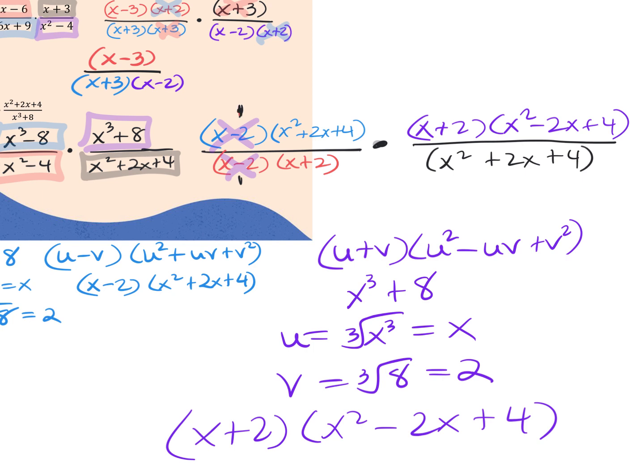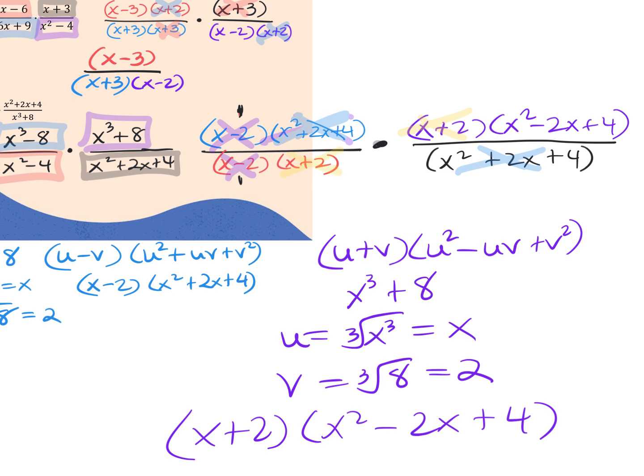Then diagonally, I have an x squared plus 2x plus 4. This will cancel with this denominator over here. So this one, let me do a different color. This one cancels with this one. Then now I have an x plus 2 and an x plus 2.